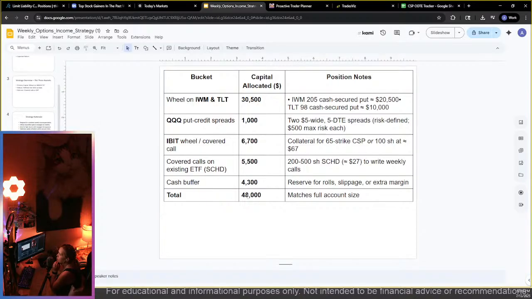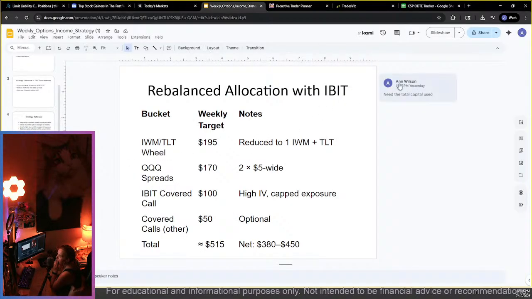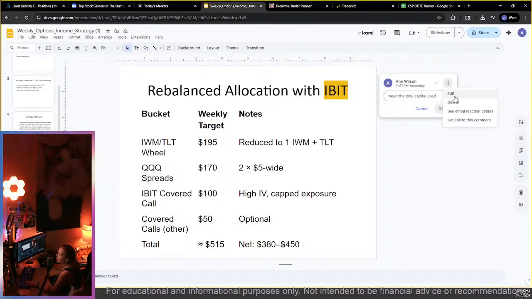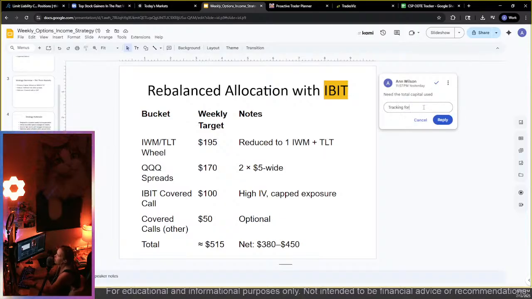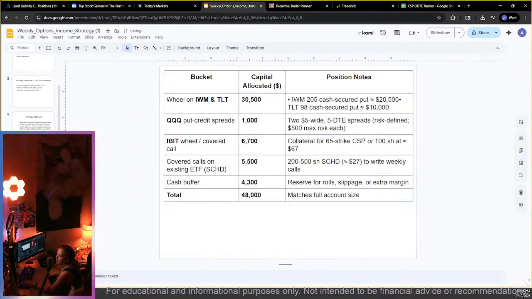I guess also, we need tracking for, I can edit this. So we need tracking for delta, theta, and then here I don't remember what I was going to say here.